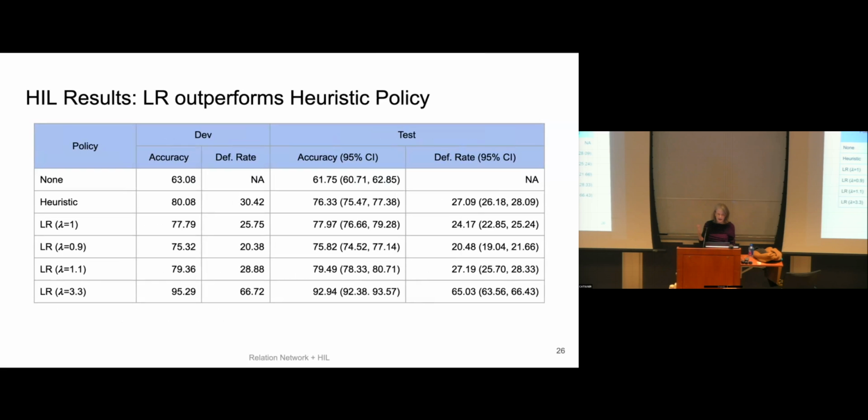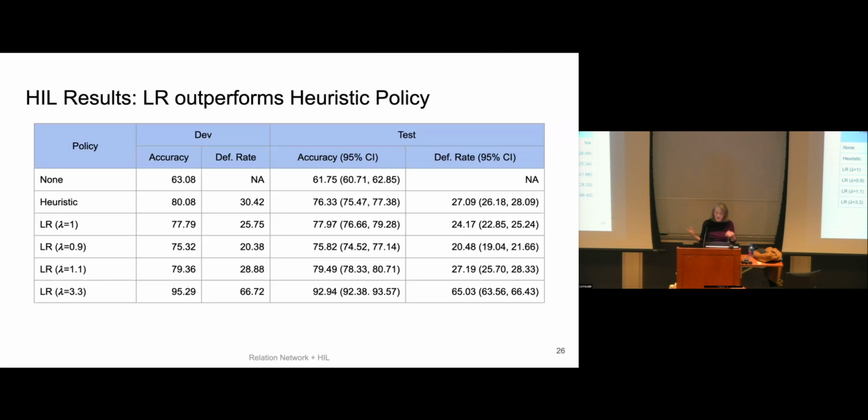The accuracy and deferral rates on the dev and test are a little bit more similar, but also, we can change our weight to emphasize accuracy a little less, 0.9 or more, and we have to bring it all the way up to 3.3 to get the same level of accuracy that we would get with humans doing all of it. And we've only reduced human effort down to now they're doing 65% of the data.